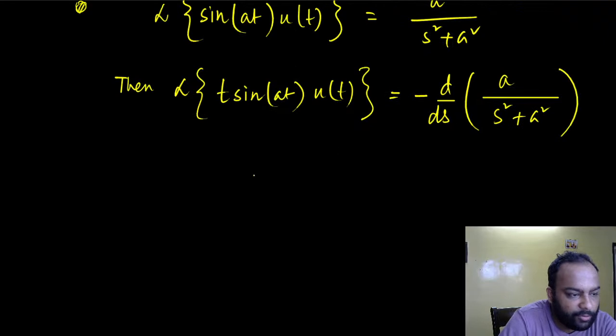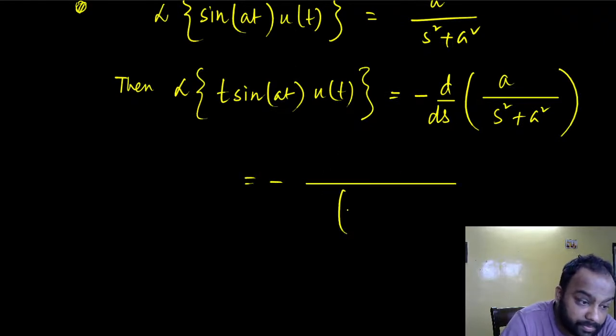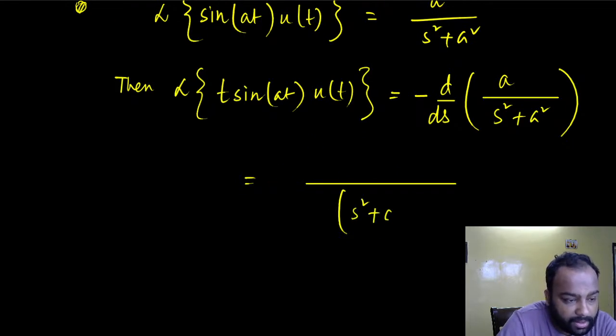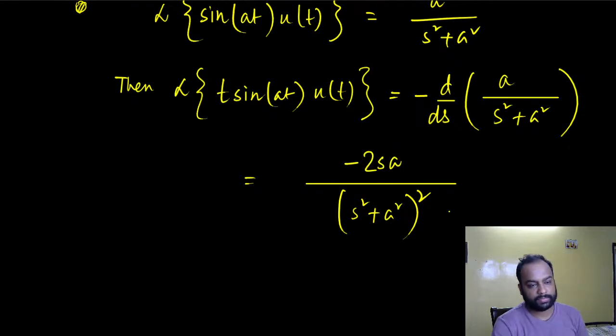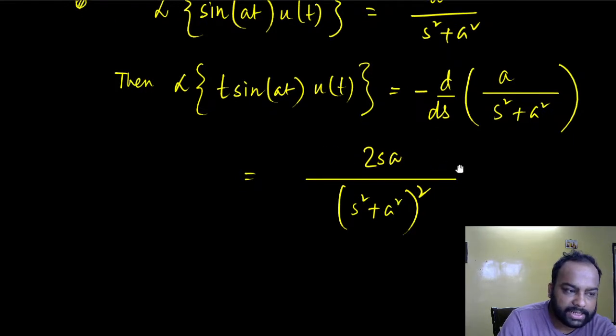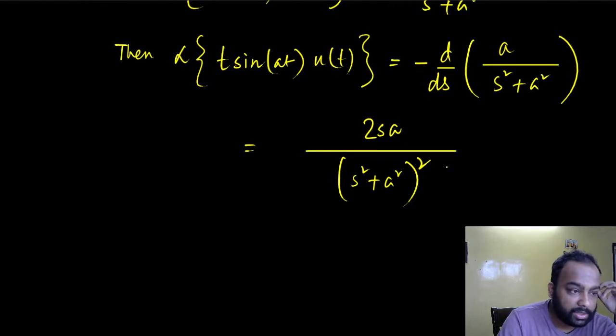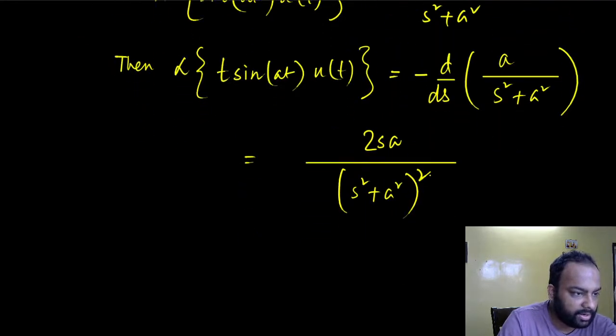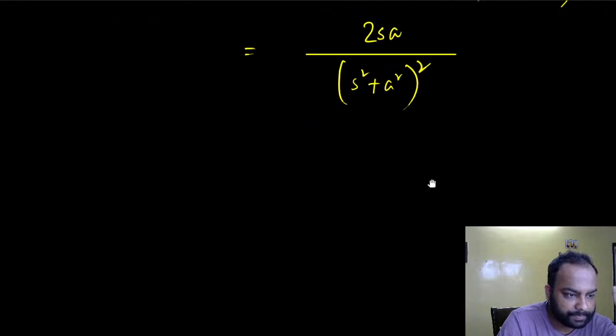If we do the differentiation here, that would be a plus sign. We would have s square plus a square whole square, and with that it would be 2sa. So if you just differentiate it, that's the result. Fine, so we have seen simple examples, right?